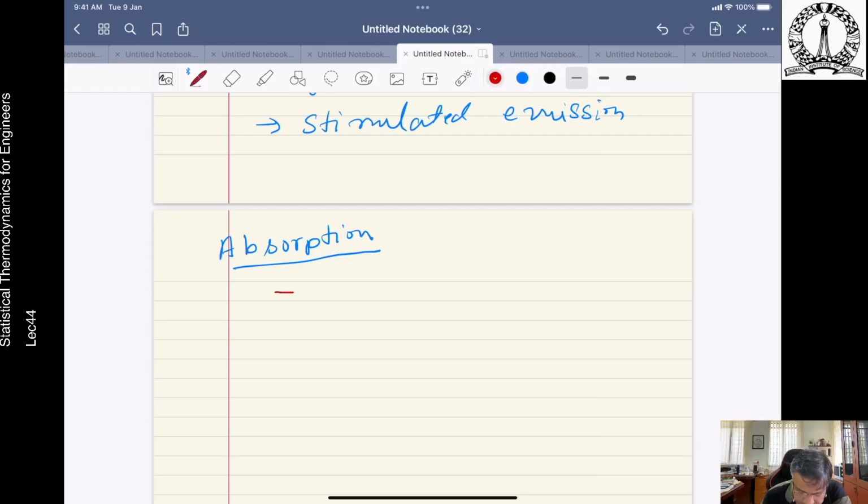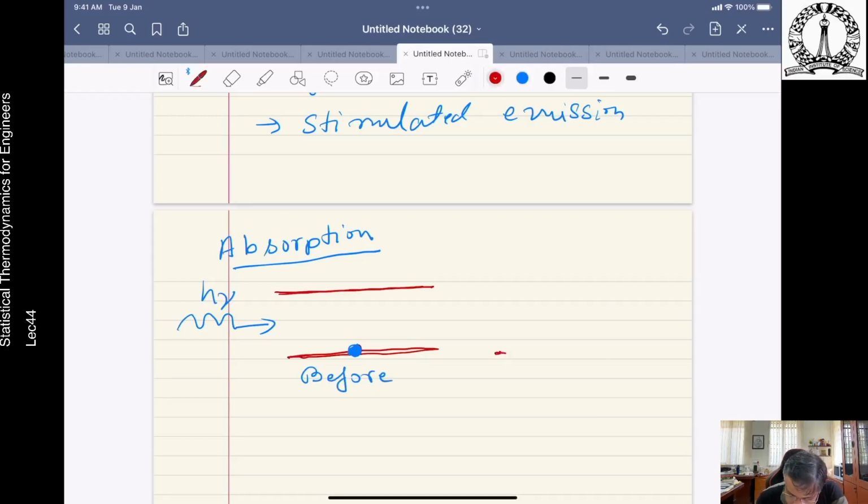This is what the system looks like before, and this is after. After the absorption is over, this particle is now at an excited state. So this process is called absorption.